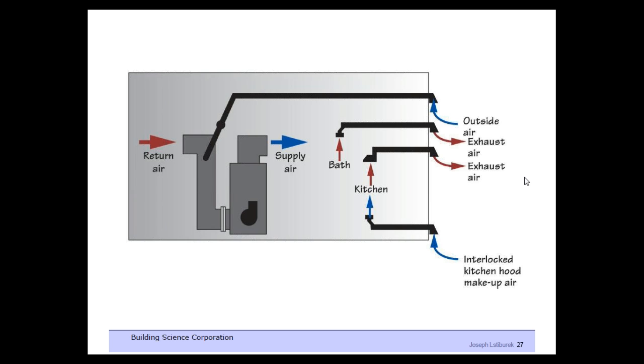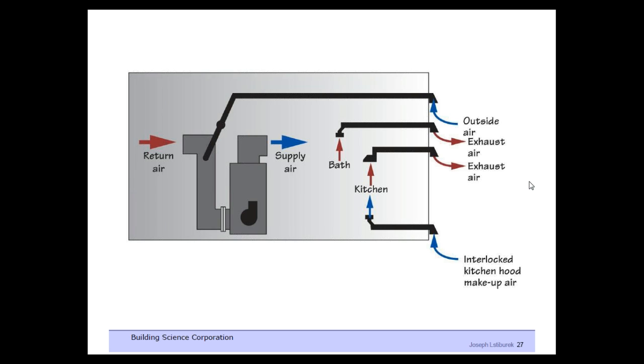We know how to do this, but this adds another hole in the wall. I think that was a Pink Floyd song lamenting the fact of makeup air. With this approach, you're going to have the outside air to the return side of the air handler.